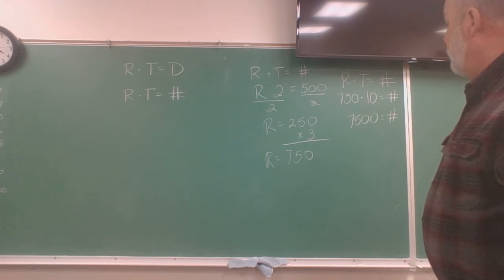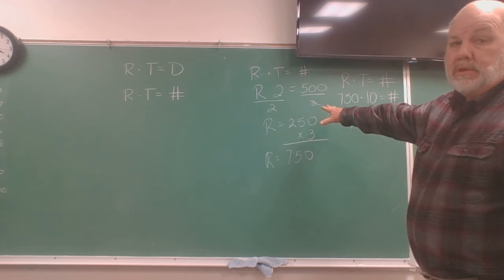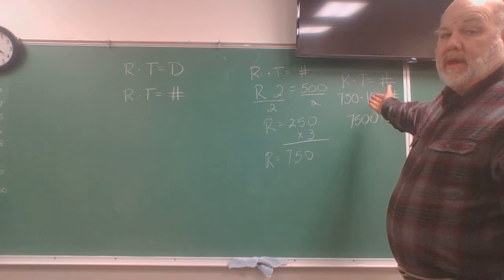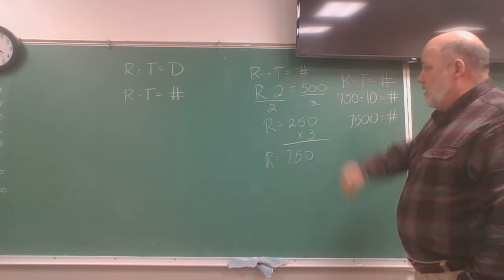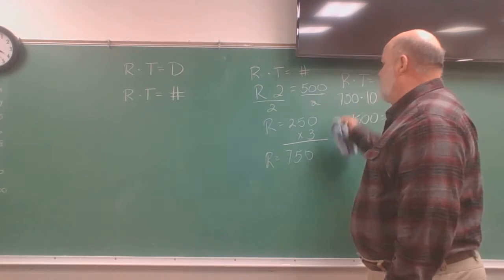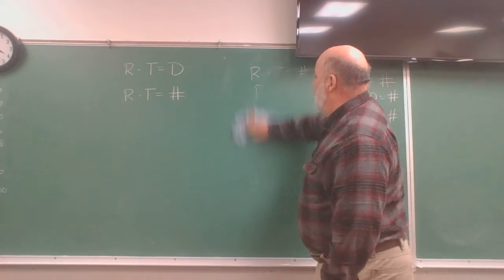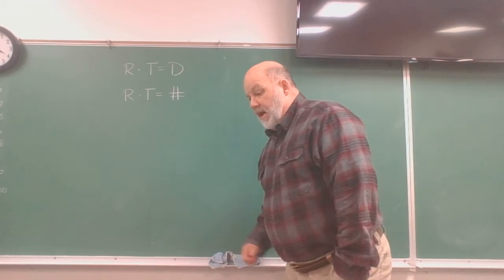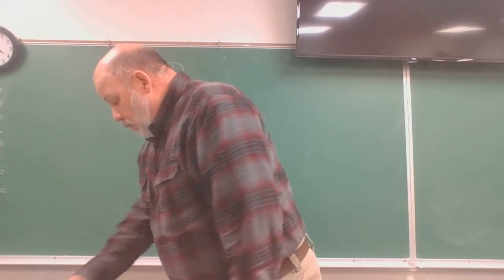Relatively simple. Just set up your equation, find the new rate, plug it back in. Each time, writing up rate times time equals number, or rate times time equals distance. One more. The third example, bottom of page 187.